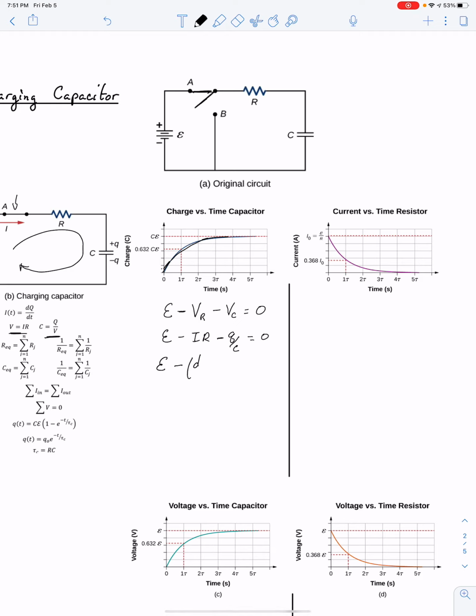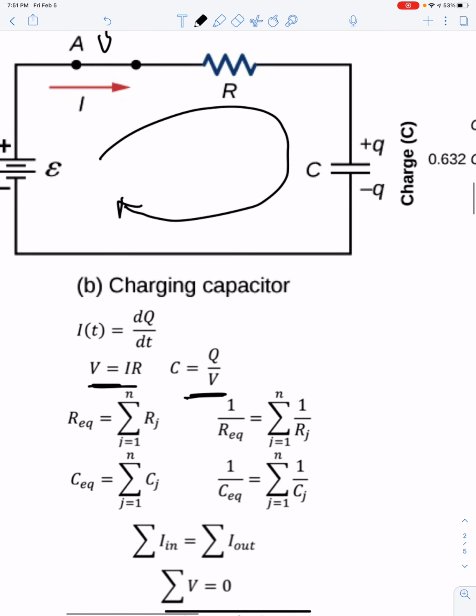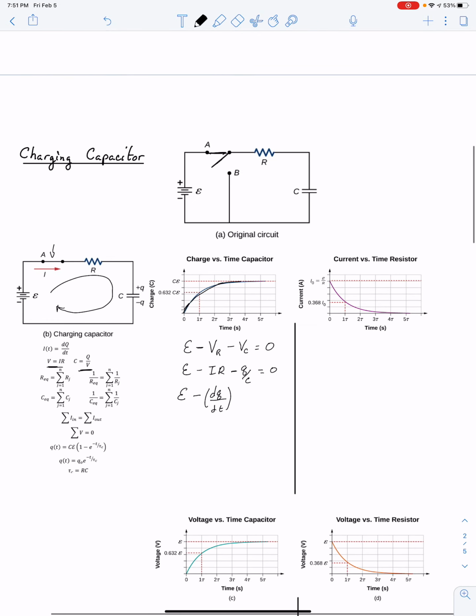So we rewrite this as dq/dt, which is current with respect to time. Not forgetting R. Minus Q over C equals 0. Okay.